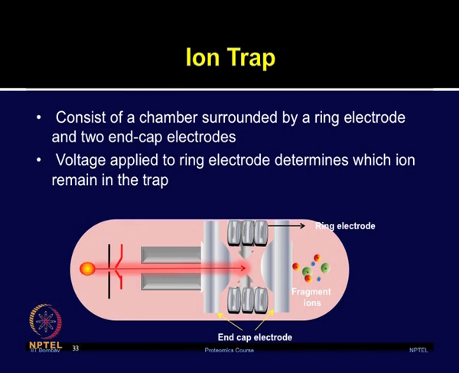The voltage applied to the ring electrode determines which ions remain inside the trap. So, ions above a threshold of m by z ratio remain inside the trap, and others can be ejected through a small hole. Theoretically, the ion trap can provide MSn analysis, and it can also provide a mass filter.